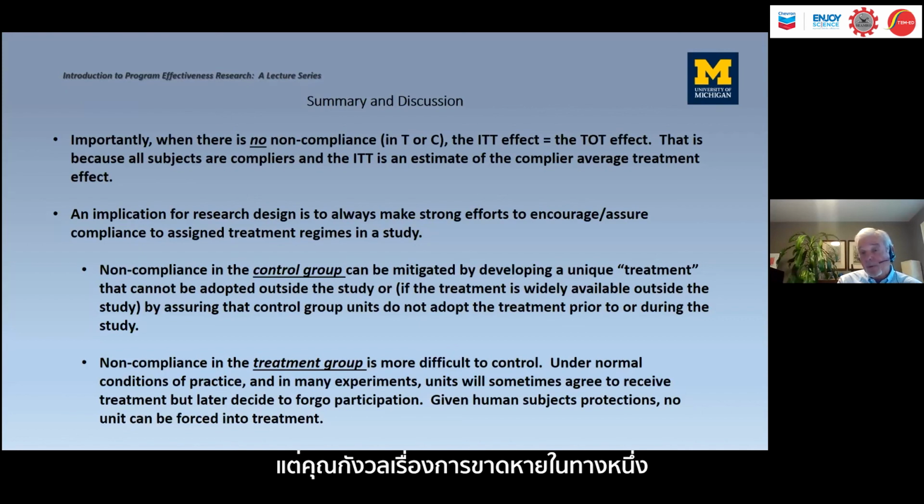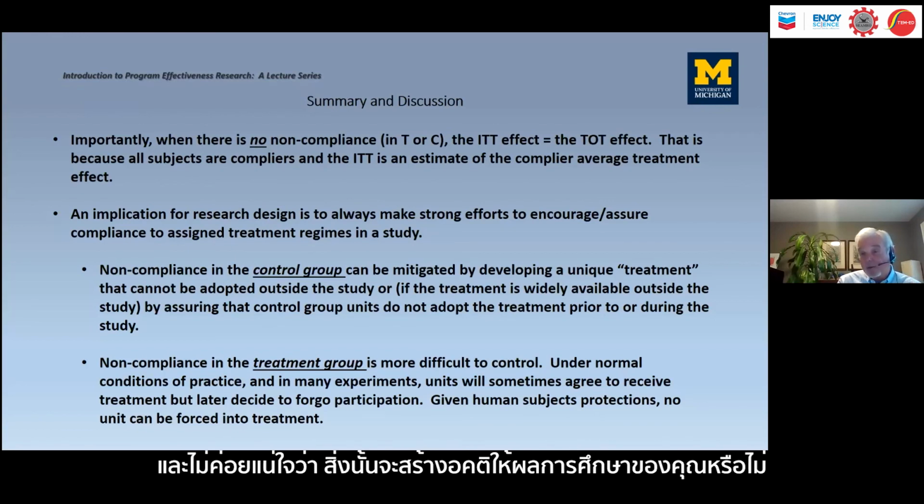You're worried about attrition on the one hand, and you're worried about differential attrition on the other hand, where differential attrition is you have more missing data in one group than another, and you're not really sure whether that's biasing your results.